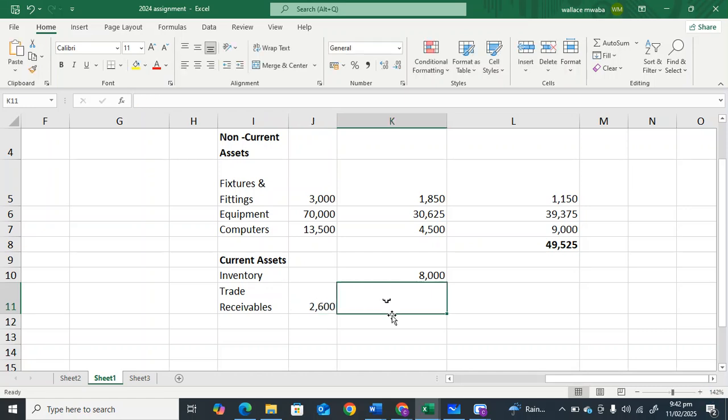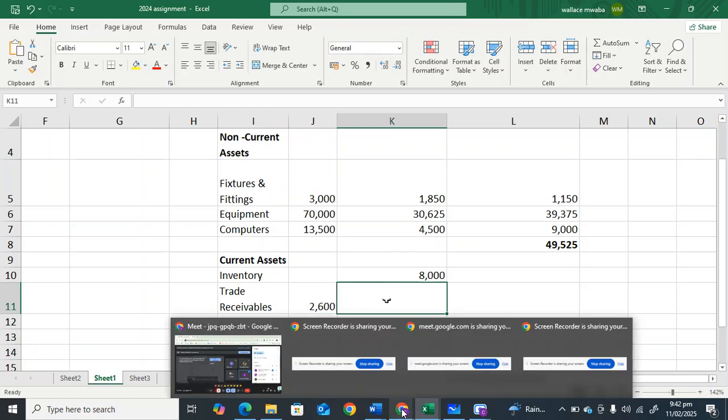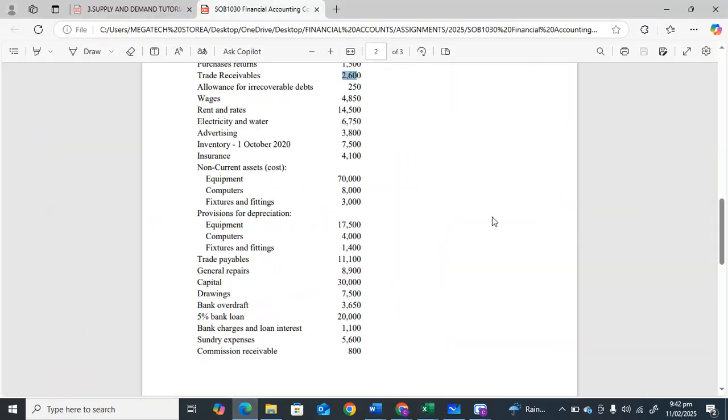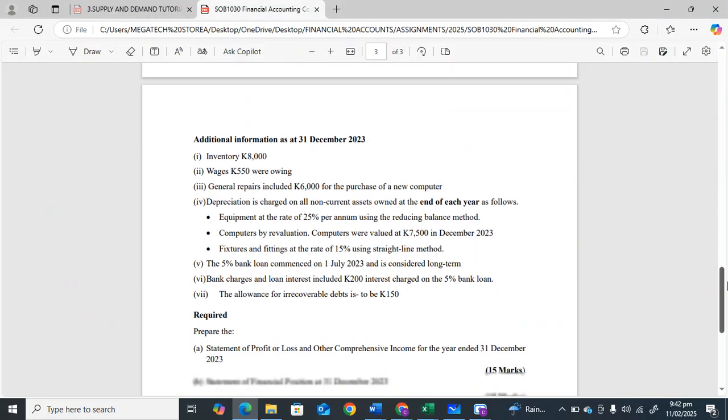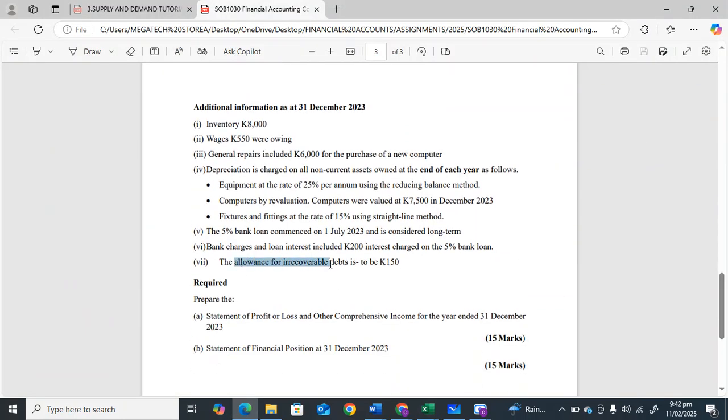Now, colleagues, remember this allowance for receivables, the allowance for irrecoverable debts.